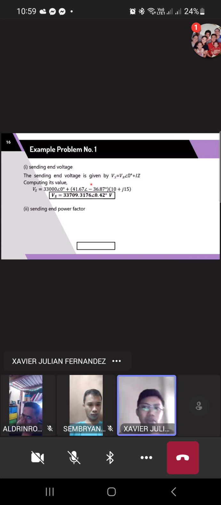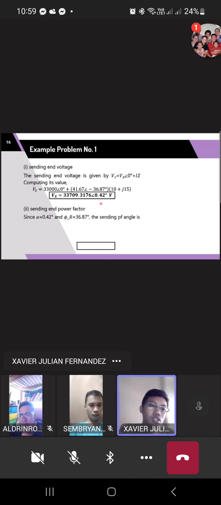So to get the sending end power factor, let us take note of these two quantities. First is alpha, which is 0.42 degrees. So how do we get the sending end power factor?